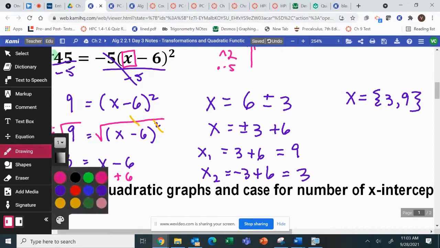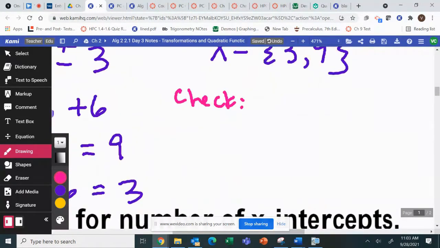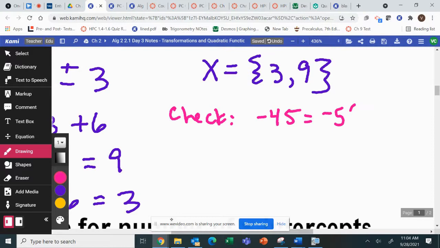Let's check our answers. I am checking in the original, but I can't zoom out far enough to have everybody see the equation at the same time, so you guys might have to help me. We're doing negative 45 equals negative 5 parenthesis, and then I'm checking 3, and then minus 6 squared.